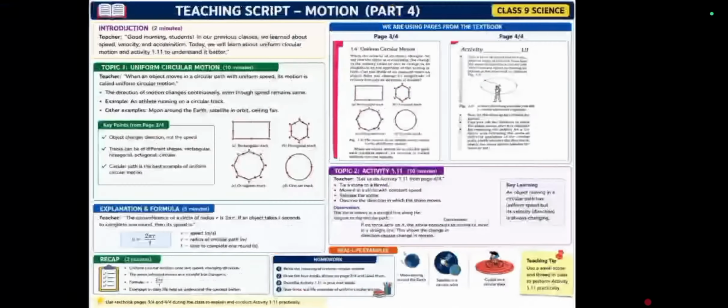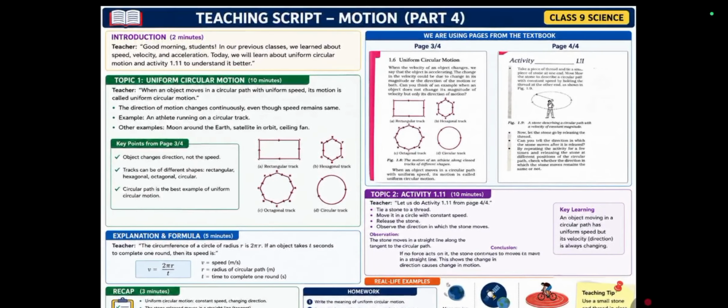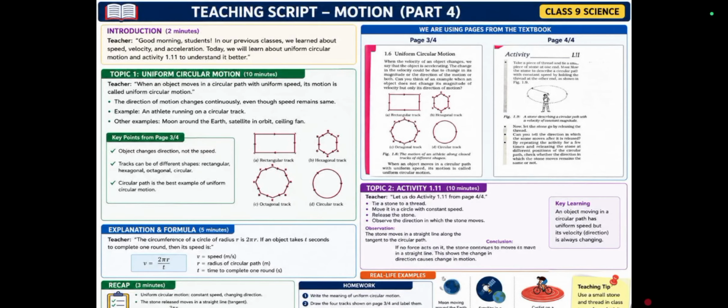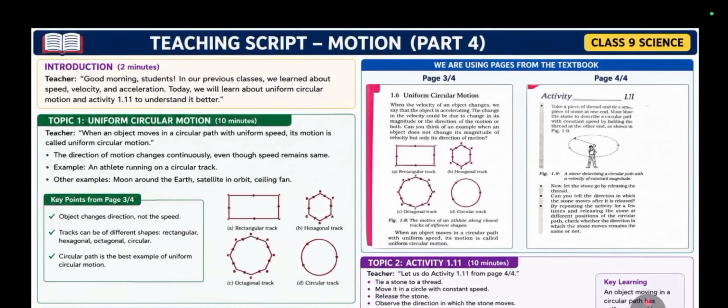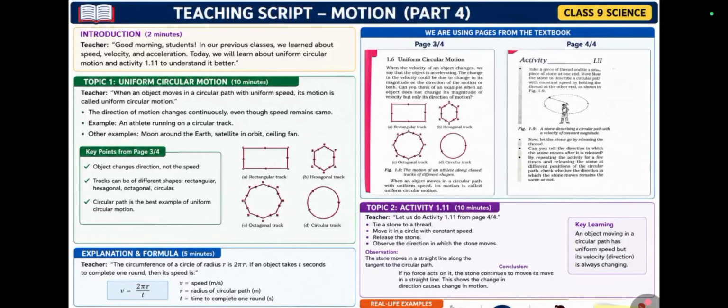Now we are discussing uniform circular motion. Okay, this is the last topic of the motion lesson.